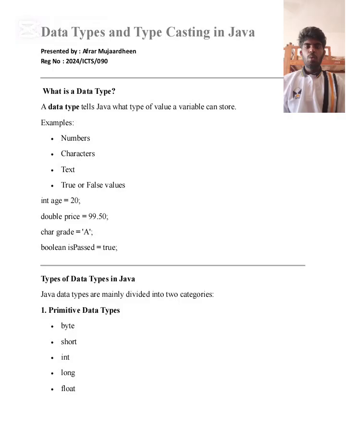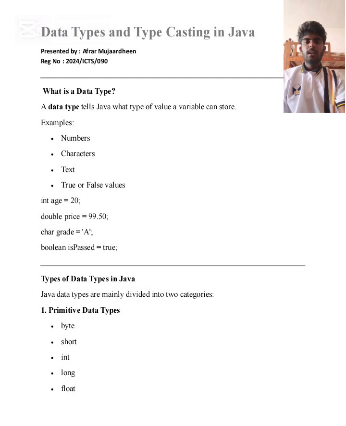I will also explain the two main types of type casting, which are widening casting and narrowing casting, with simple Java examples. So let's begin my presentation.